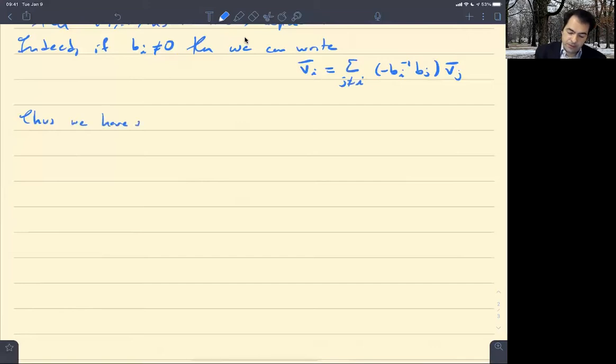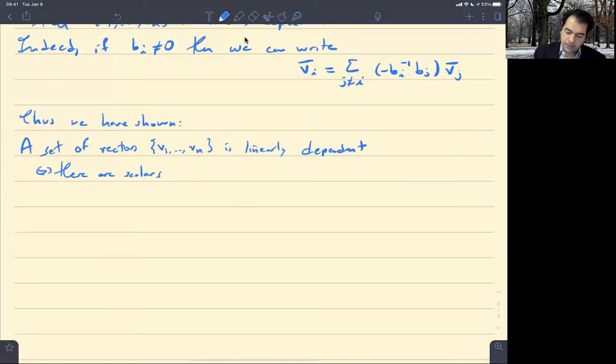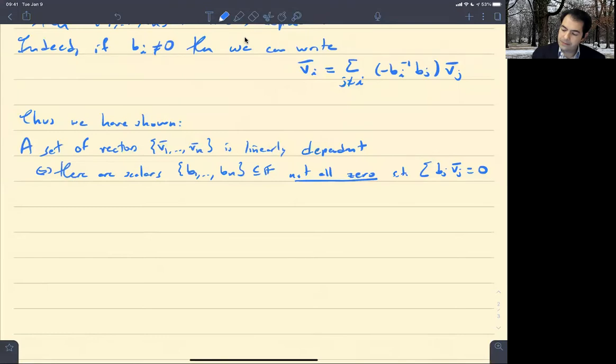So thus we have shown a set of vectors is linearly dependent if and only if there are scalars in the field, not all 0, such that the sum of bj vj is equal to 0, the vector 0.